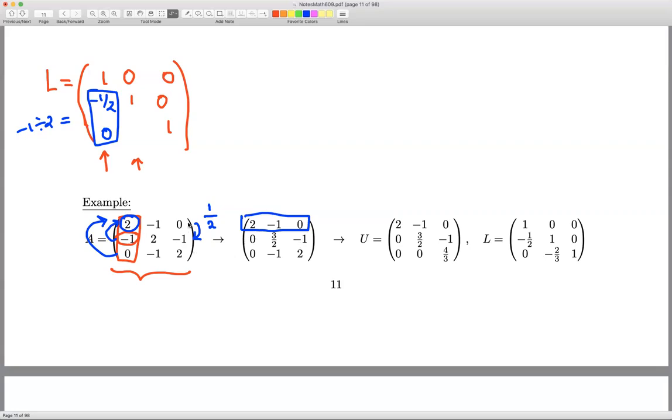This is how we modify the second row. Then we don't need to modify the third row because it already has 0 there, so we just put it down. If we want to use the algorithm, what multiplied by the first row and added to the third row will make this term 0? Well, it is 0, and therefore we do not change this row.